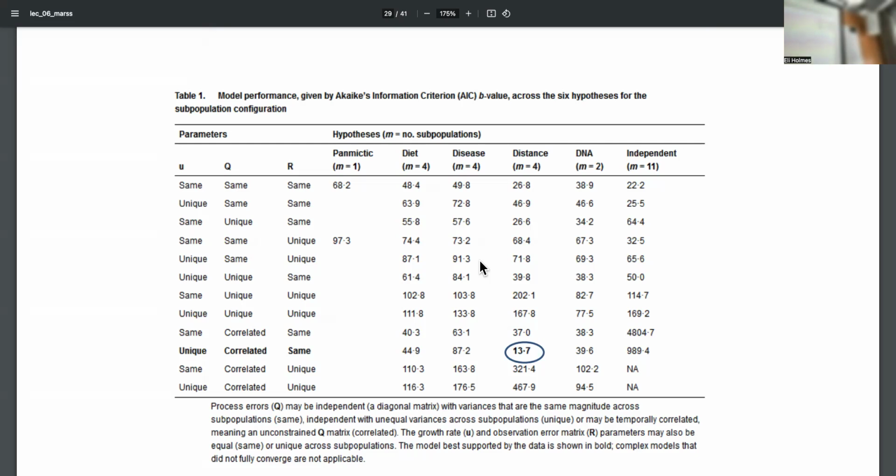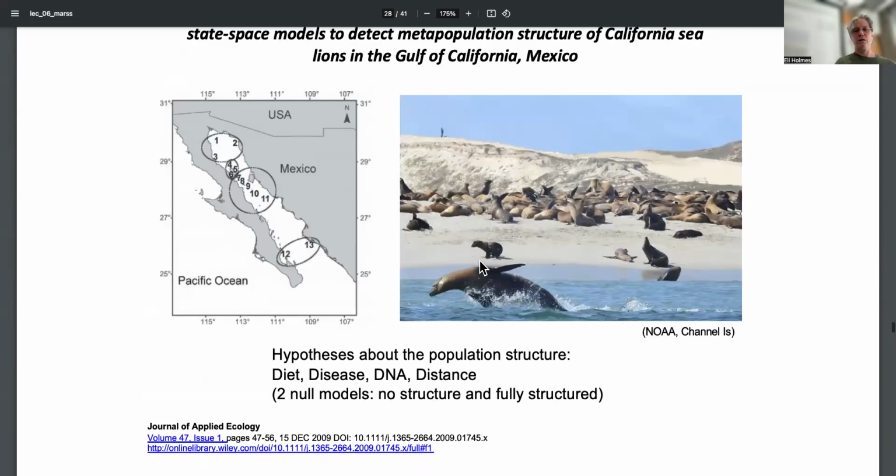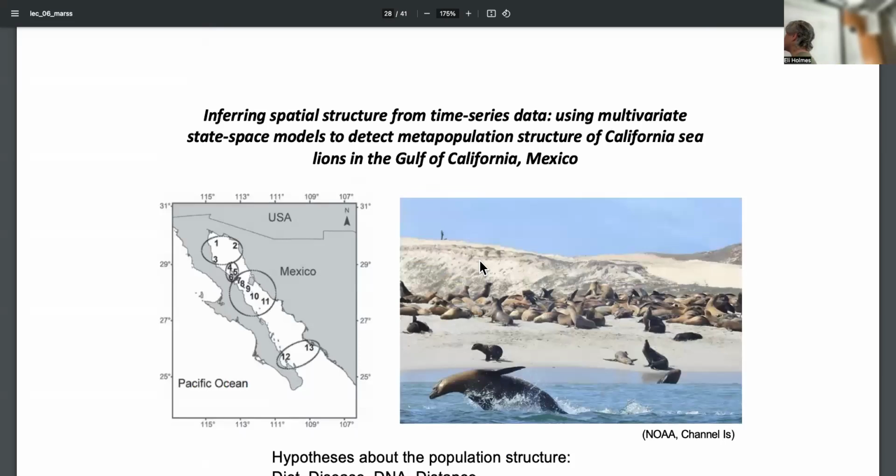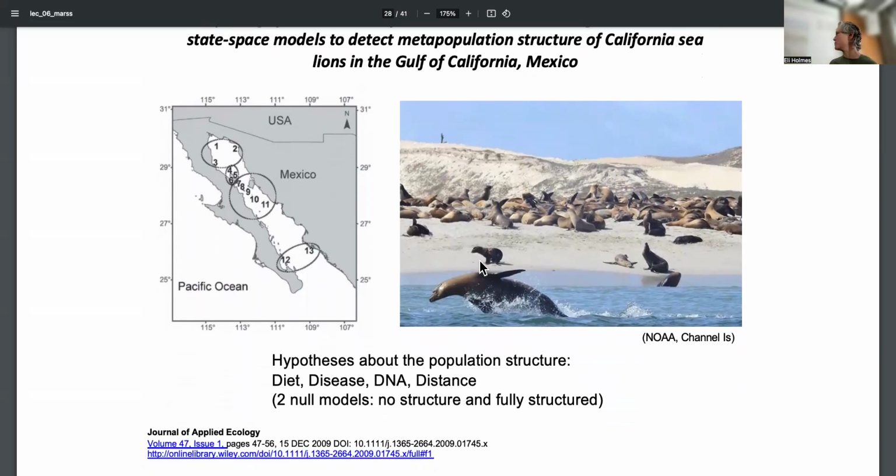And the trends, however, were unique, meaning these populations here were tending to either go up or down differently. Again, maybe not too surprising, probably the ones down here are eating something different.